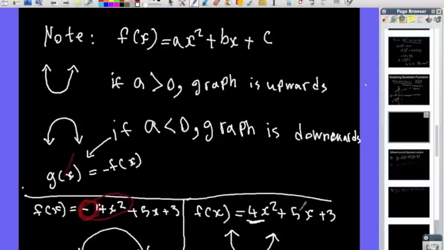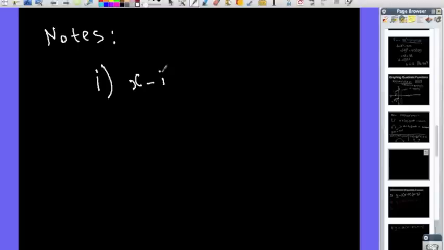And there's some more stuff you should know. In order to sketch a parabola, we need to know first of all the x-intercept, whether the x-intercept exists. So in order to sketch parabolic graphs, these are the things we need to know.